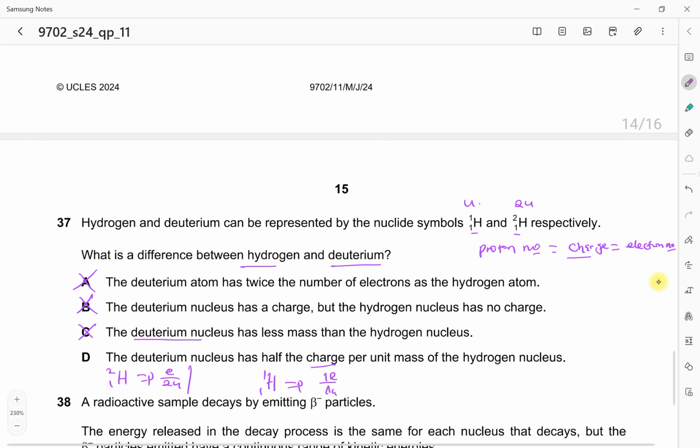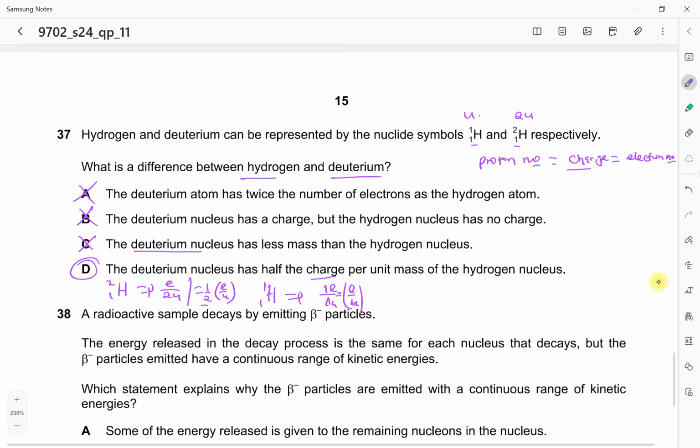So you notice that for deuterium, it is half of that of hydrogen. So the answer is D. This one is a half of E over U, and this is E over U.